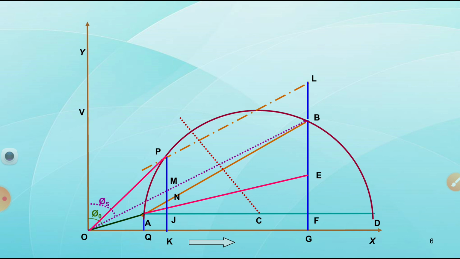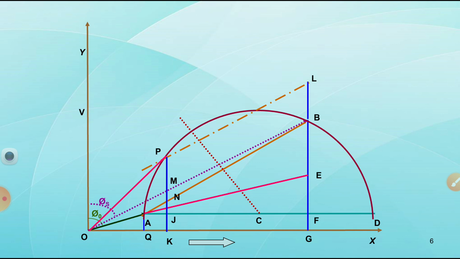The efficiency is equal to output by input, so PM by PK is the efficiency.